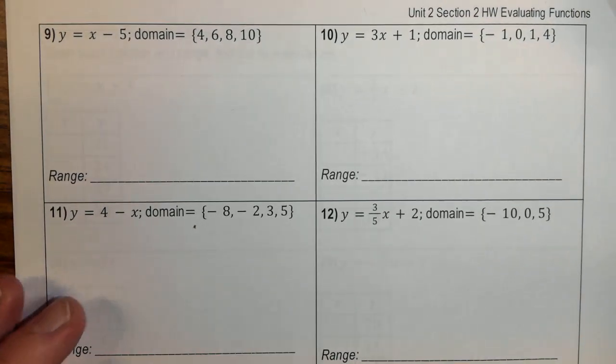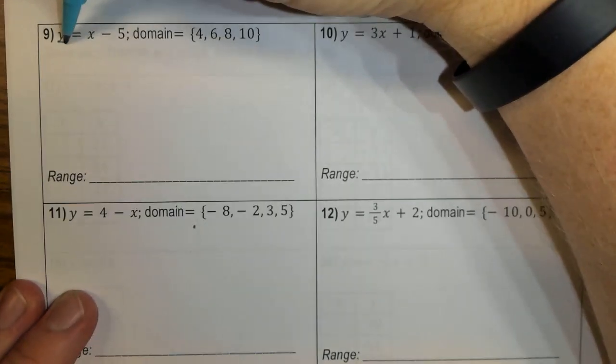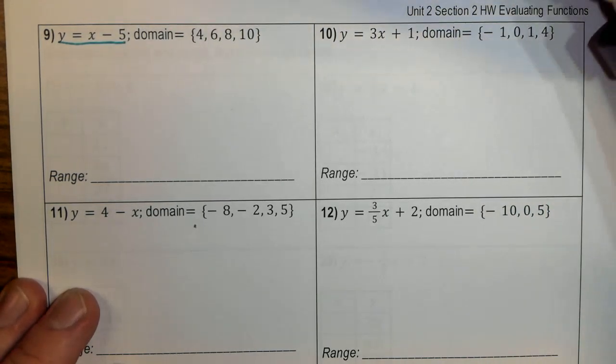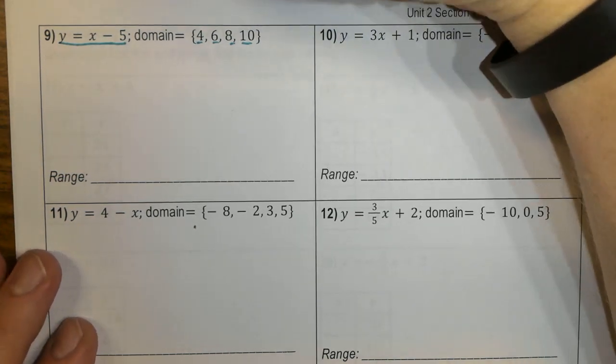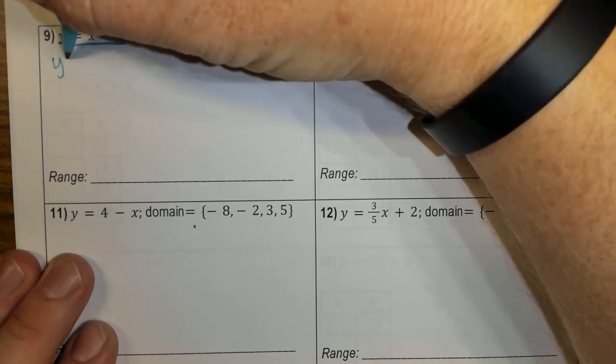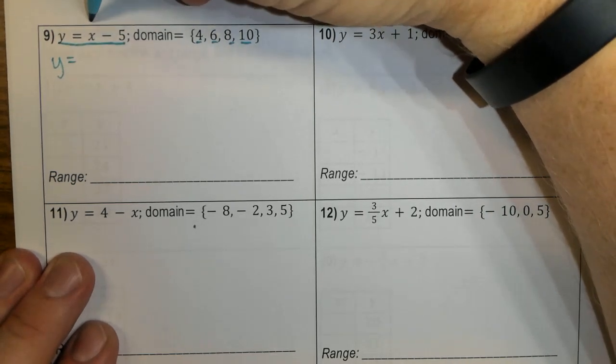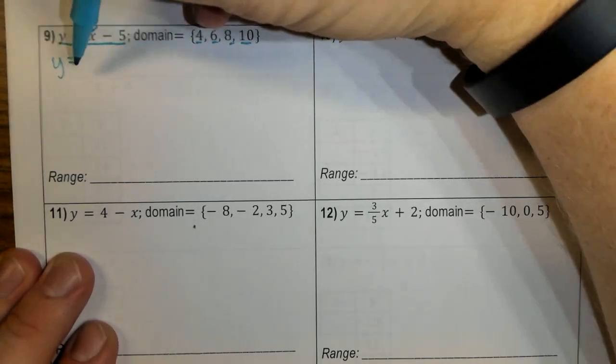Okay, so number 9, I have my function right here, y equals x minus 5, and it gives me 4 x values, 4, 6, 8, 10. I just had to plug those in for x, and I get 4 different y's, okay? So I'm going to go ahead and do y equals, so instead of x, I'm replacing x with these numbers.